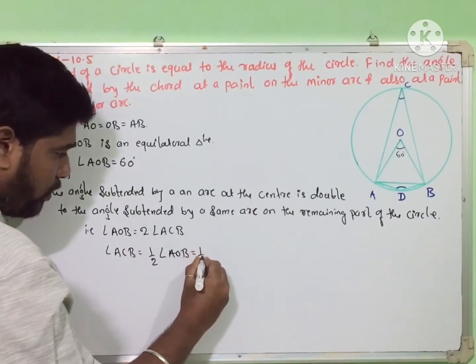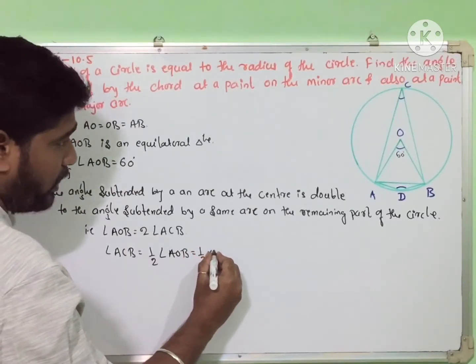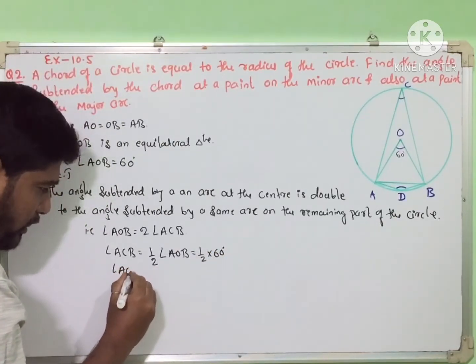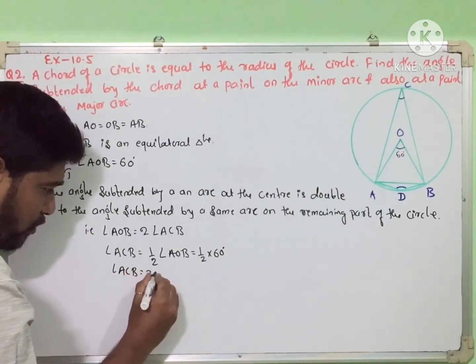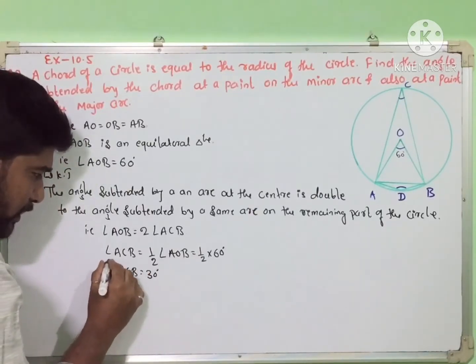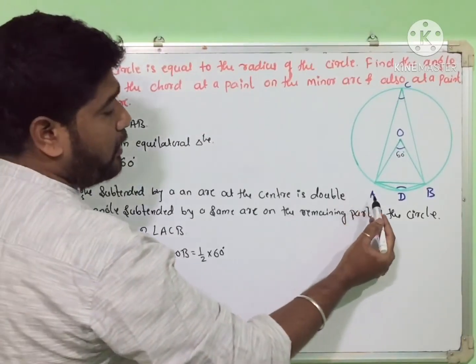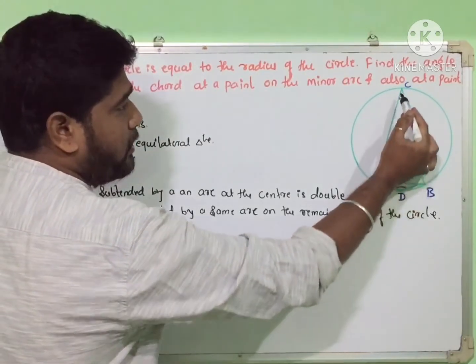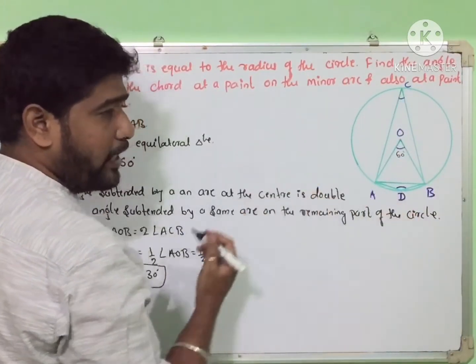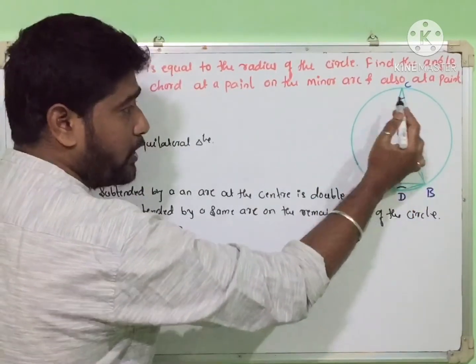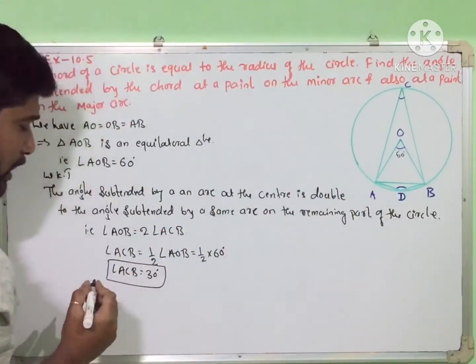So this is equal to 1 by 2 into angle AOB is 60 degree, right? So now the angle ACB is equal to 30 degree. Is it clear? And see here, the quadrilateral ACBD is a cyclic quadrilateral because the 4 vertices are on the circle. So it is a cyclic quadrilateral.